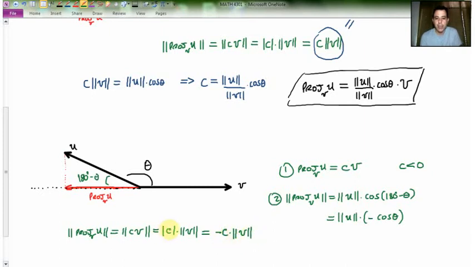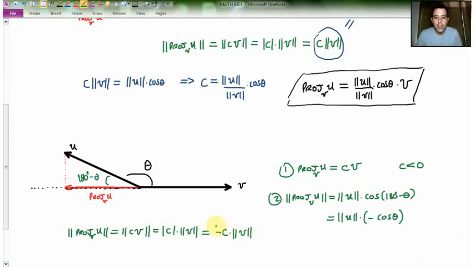Think about it in terms of a number. If c is negative 2, then the absolute value of negative 2 should be 2, right? So I can write the absolute value of negative 2 as minus negative 2. That's what this means: the absolute value of a negative number is minus that negative number.